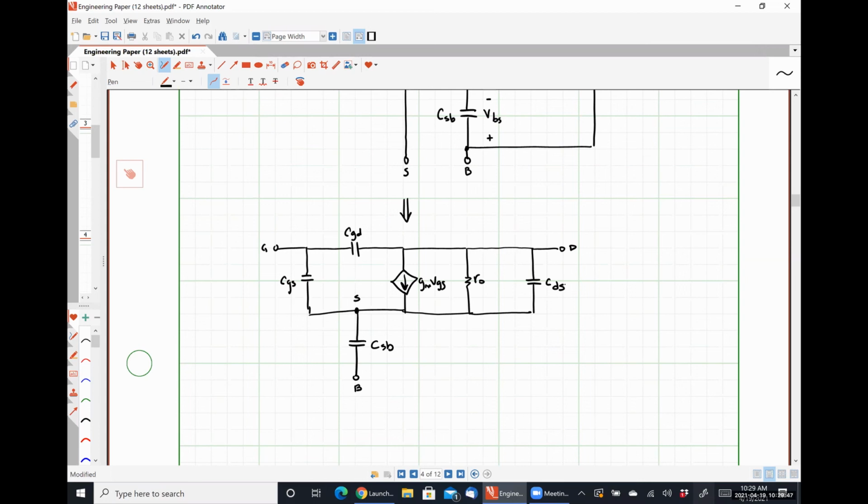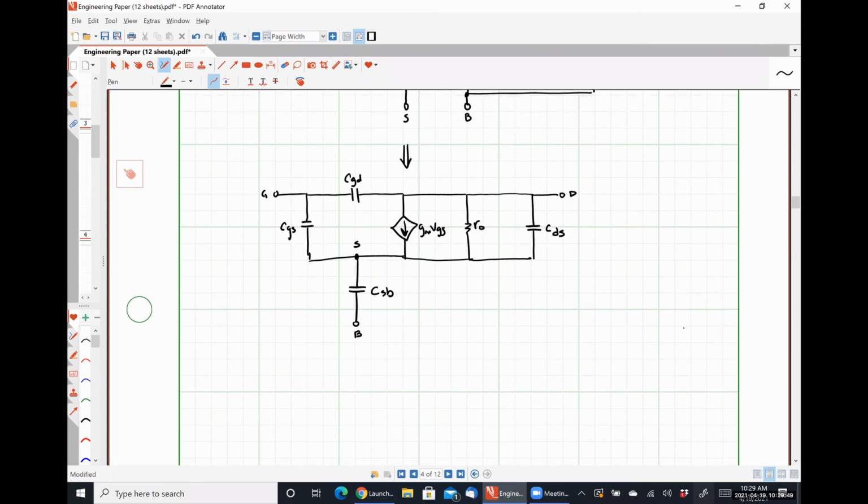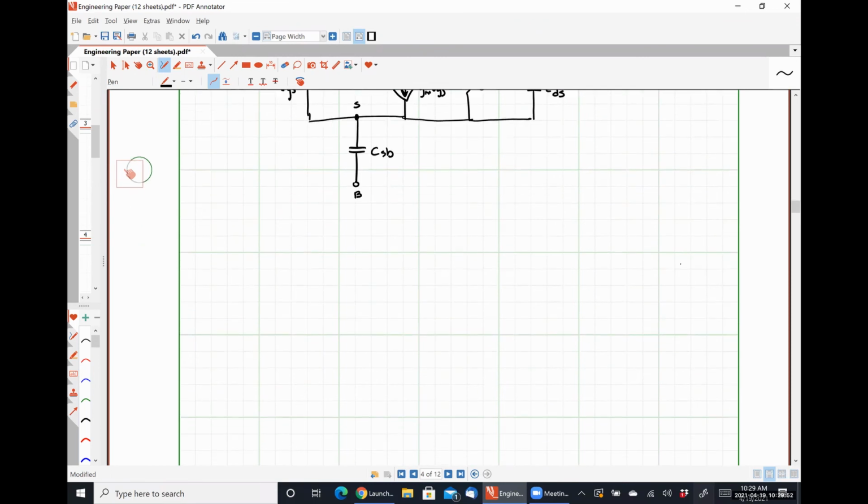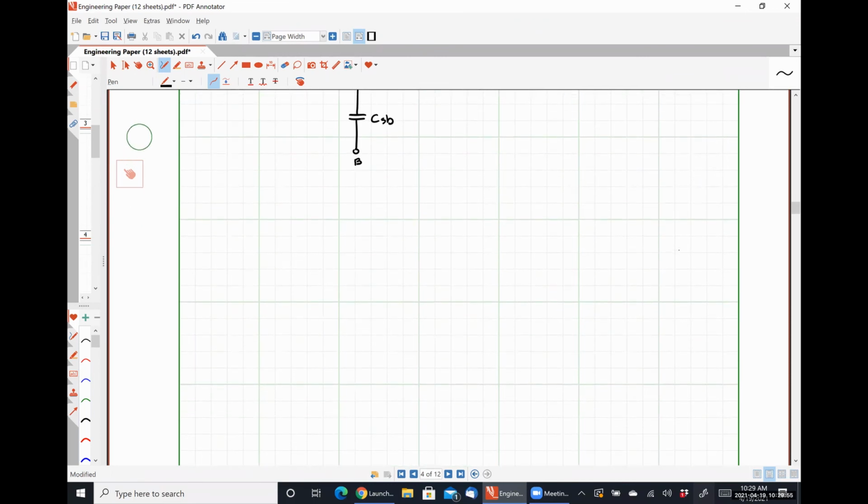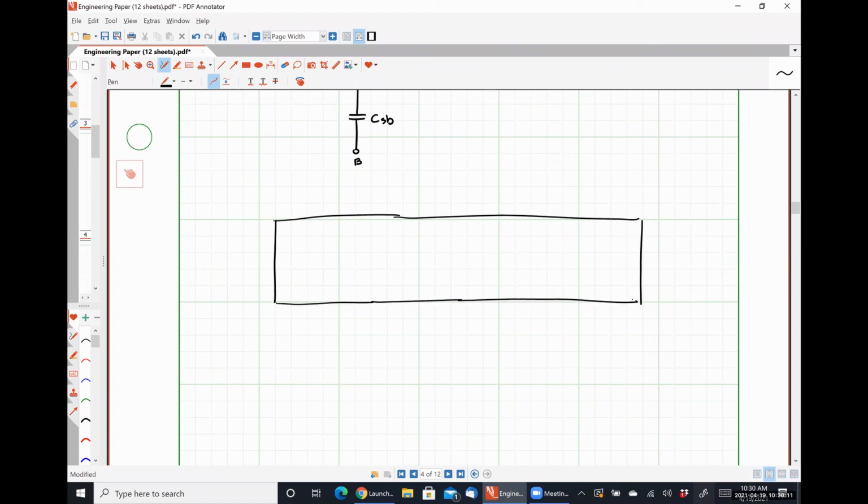Not a big deal. Okay, so let's talk about where these guys come from, because I think we have enough time to do that. So I'm going to draw a cross section of a MOSFET. So here is our source.